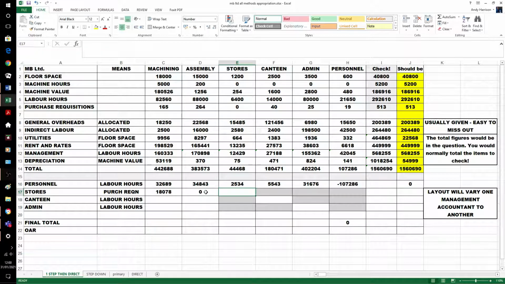And something's gone wrong there. What have I done wrong? E14 and E16 is right. D6. Oh, I did a division instead of a multiplication, but it was obvious.